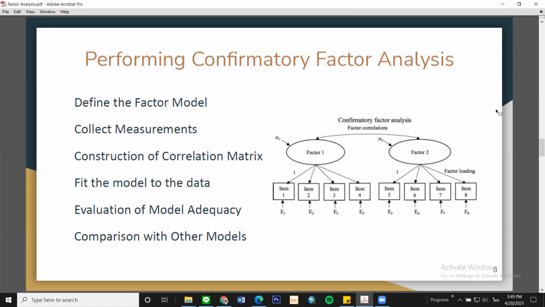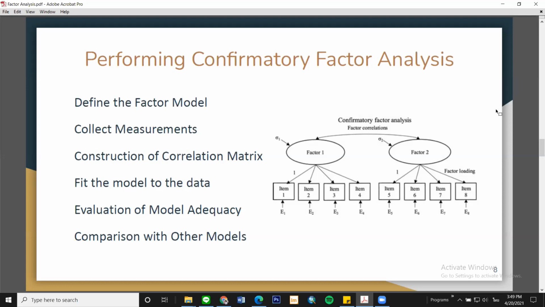And next step is evaluation of model adequacy. It evaluates the amount of discrepancy between the correlation matrix implied by the model and the actual observed matrix after fitting the model with the data.